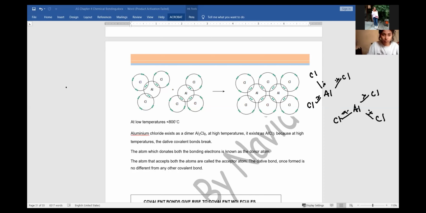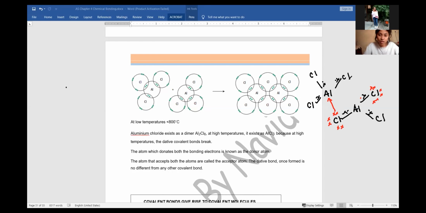Although chlorine is donating 1 here, it still has 3 pairs of electrons which are completely idle. They're lone pairs. So they're donating one of the pairs to this aluminium. This chlorine has also donated one electron to this aluminium, and it still has 3 pairs which are idle.